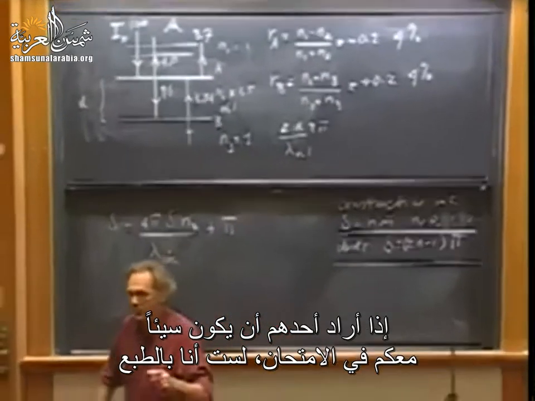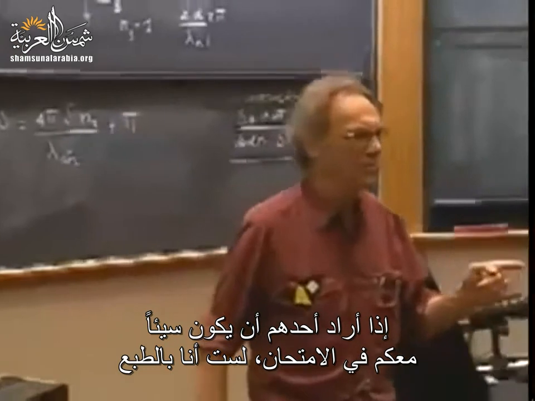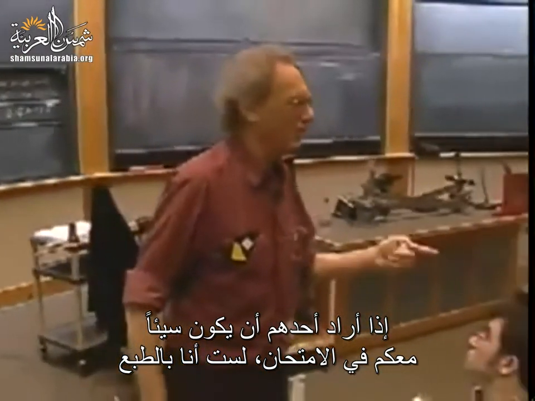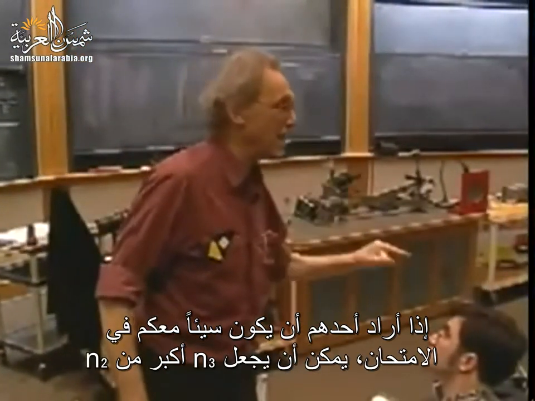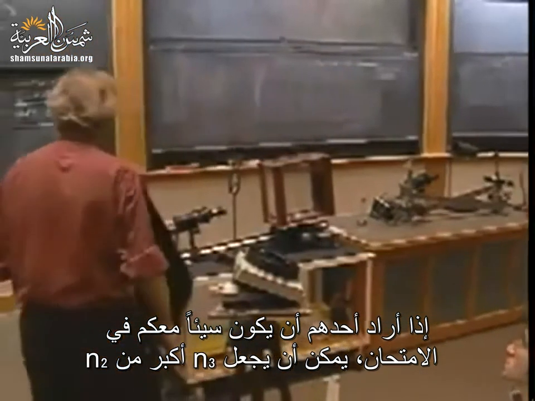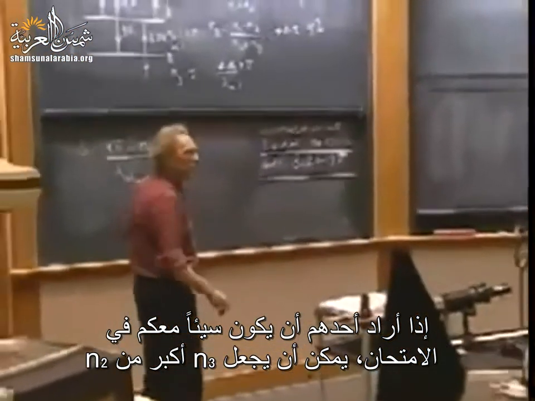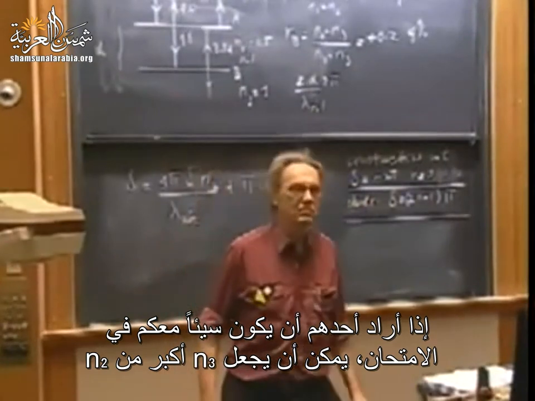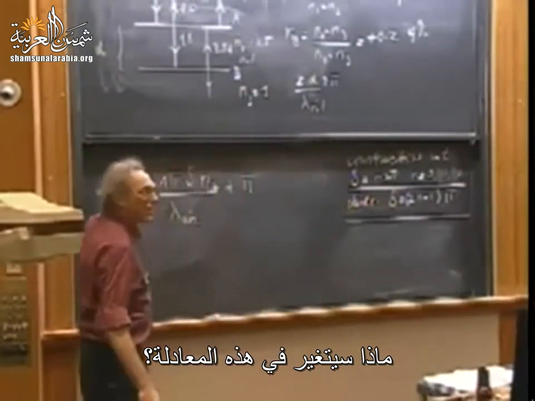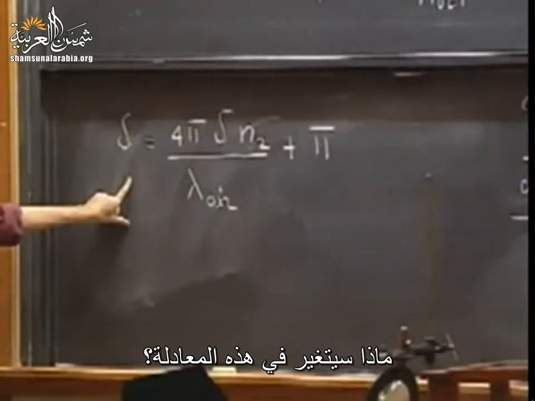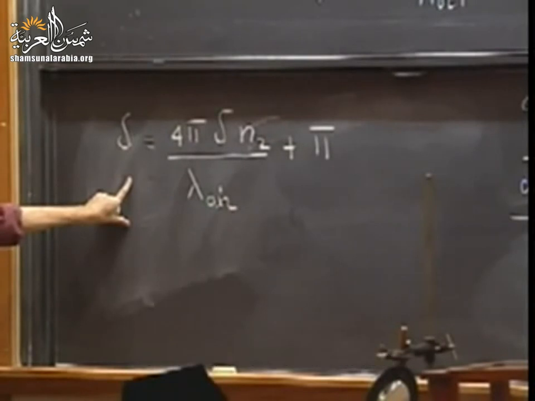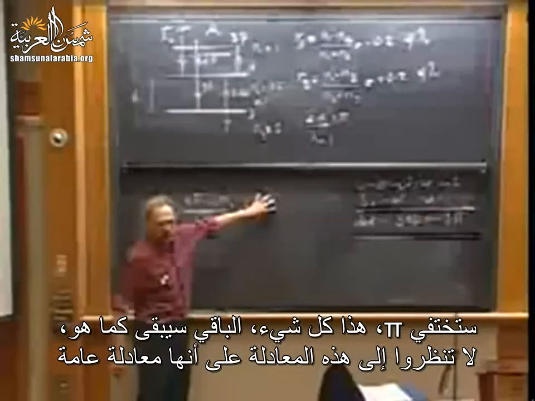Keep in mind, if someone wants to be nasty to you during an exam, of course not I, but if someone wanted to be nasty to you on an exam, they could make N3 larger than N2. What would change in this equation? The pi would disappear, that's all.